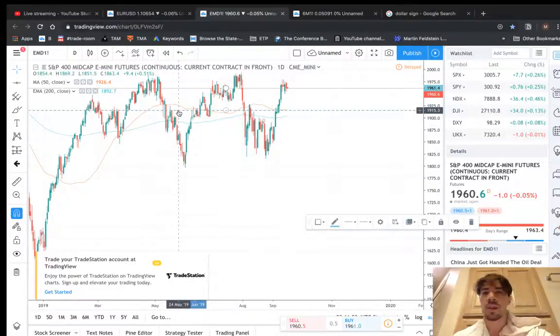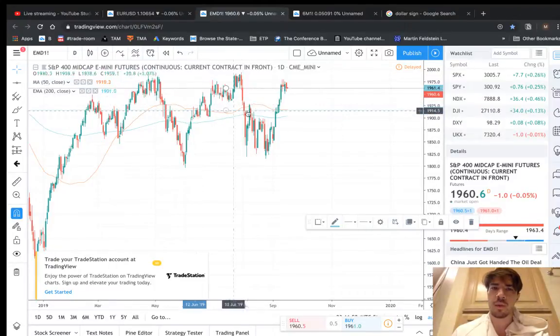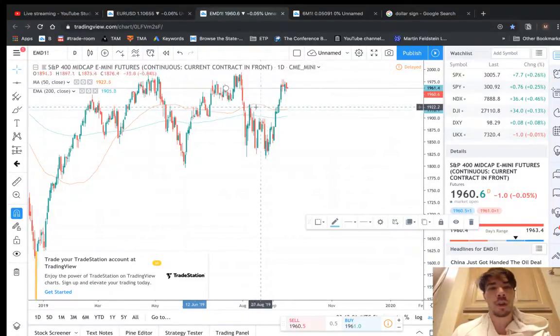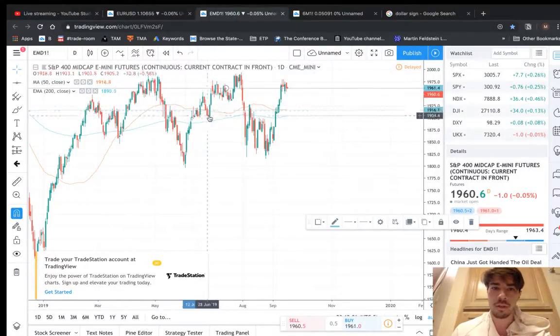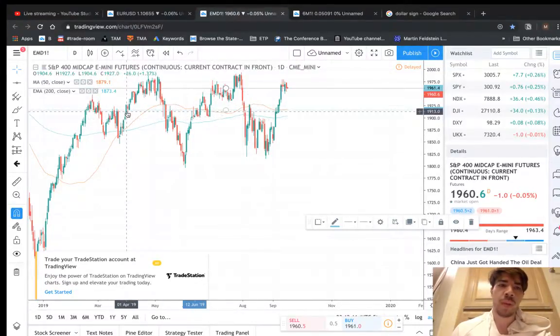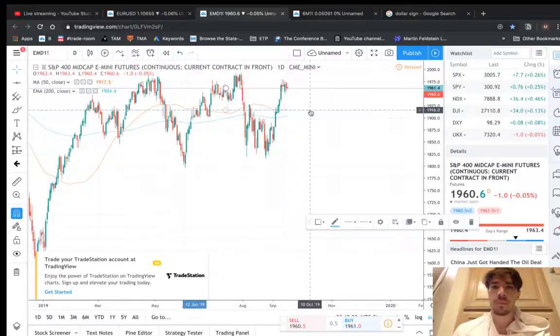You can tell the mid-caps are having a hard time holding the range, but regardless, if it holds the range, say like here, it basically held the range and it came back up. Here, we broke back into range and to the top of the range. So when we break into the range, we go to the top. And when we go to the top, we go to the bottom. So it's our second trade of the day, the S&P 400 mid-caps.